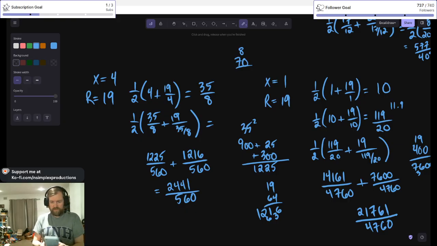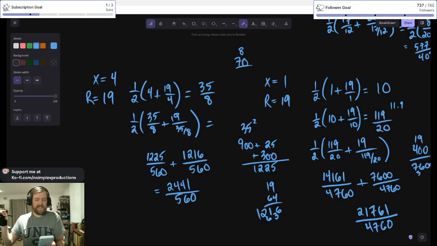2441 over 560 is equal to 4.3589. So it is equivalent to three decimal places, 4.358. And then here we differ by the actual is 89, and our current value is a 92.